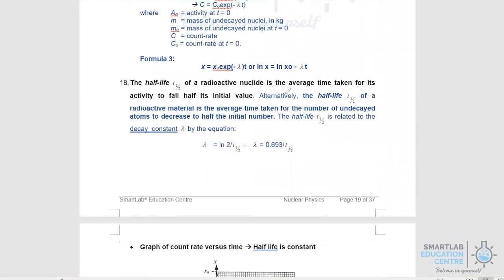Half-life of a radioactive nucleus is the average time taken for its activity to fall to half its initial value. Mathematically, that could be derived. Given a radioactive sample of N naught, the time it takes for it to drop to N naught over 2 is your t half.